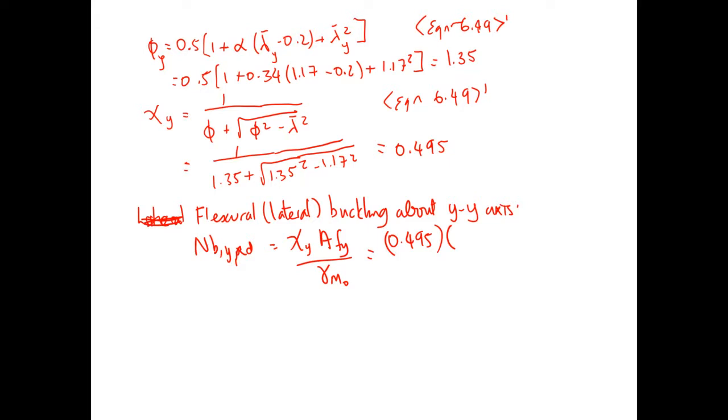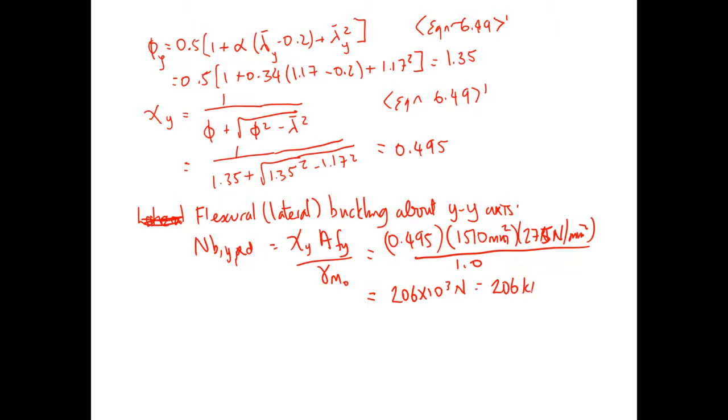Then the cross-sectional resistance was the cross-sectional area, 1510 millimeters squared, times 275 newtons per millimeter squared, divided by 1. That's 206 × 10 to the power 3 newtons, which is equal to 206 kilonewtons.